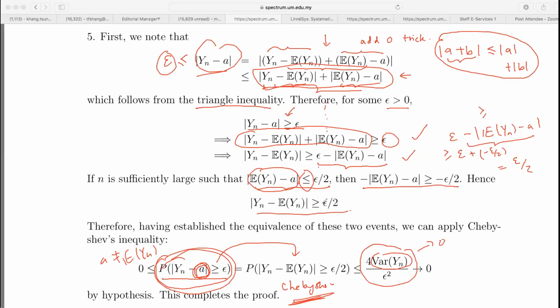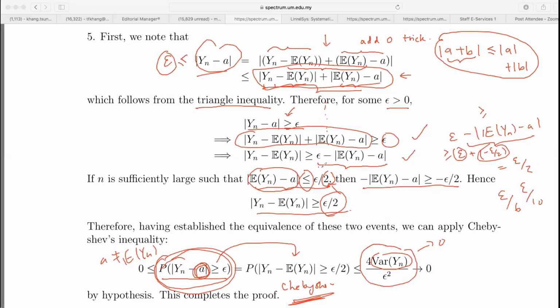Basically here it doesn't matter. You might be wondering why I have to choose epsilon over 2. It doesn't really matter. It could be any value here. It's just easy to do because over here you have epsilon minus something. Of course, if you had used epsilon over 6 or epsilon over 10, it would have worked anyway.